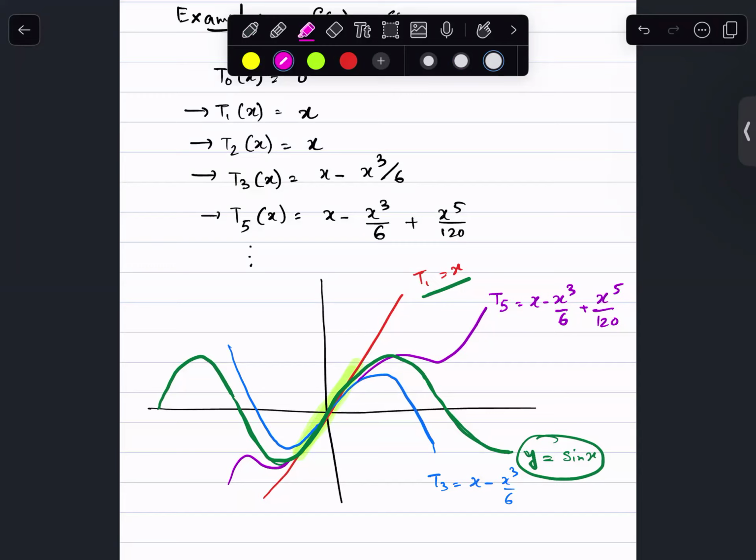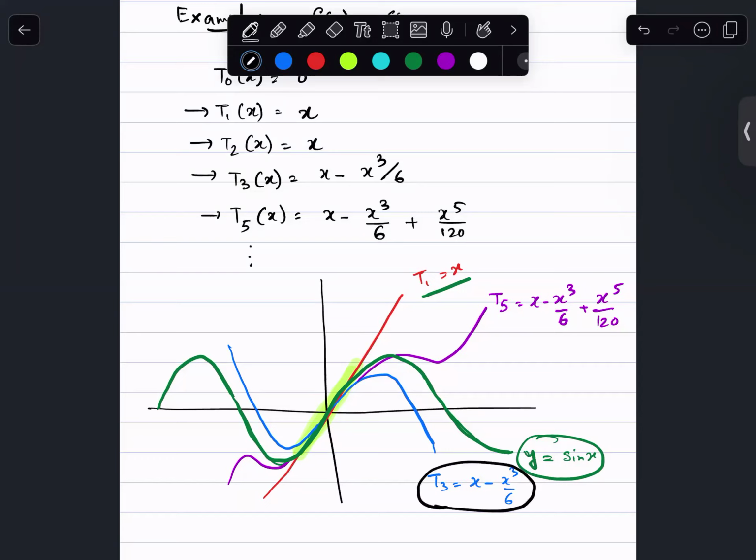But if you consider regions further away, then T1 is far away from the graph of sine x. But then T2 is the same as T1, and T3, which is x minus x cubed over 6, has this blue line as its graph.